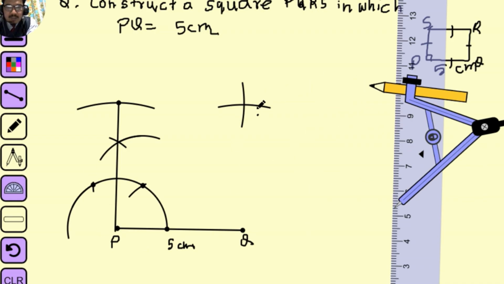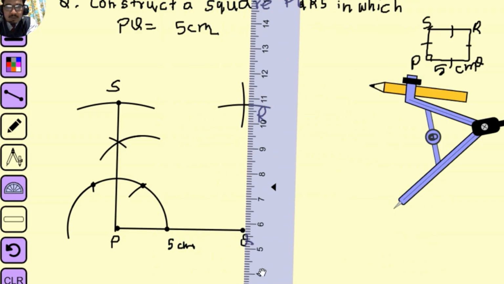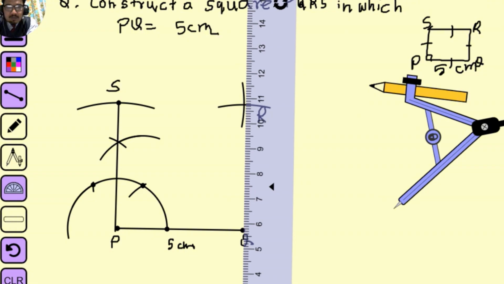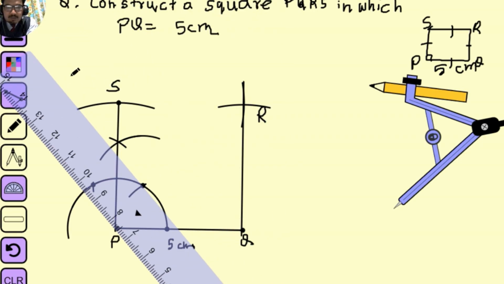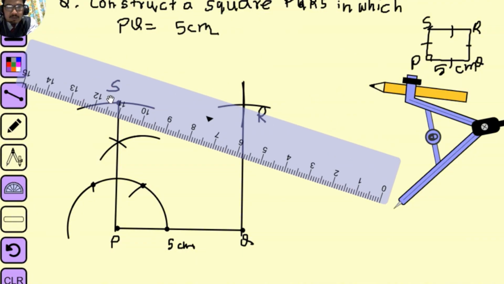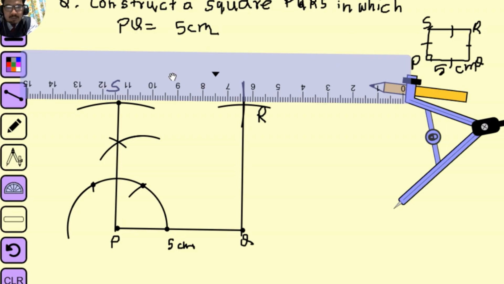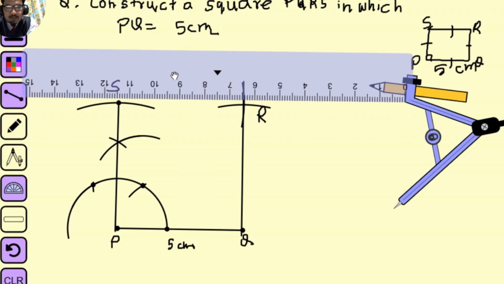Now let's join. This is PQ, this R point here is R, here is S. Now let's join them with the help of the ruler, put the ruler like this, straight, and draw a line segment here, and similarly here also put the ruler like this and join like this.